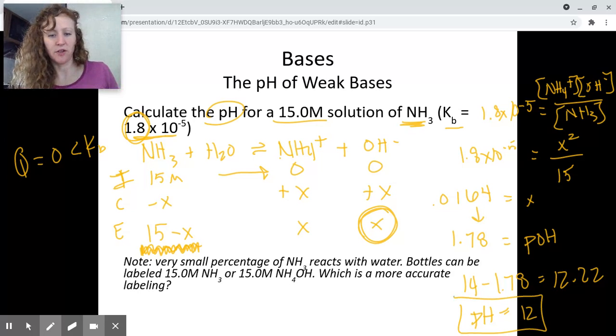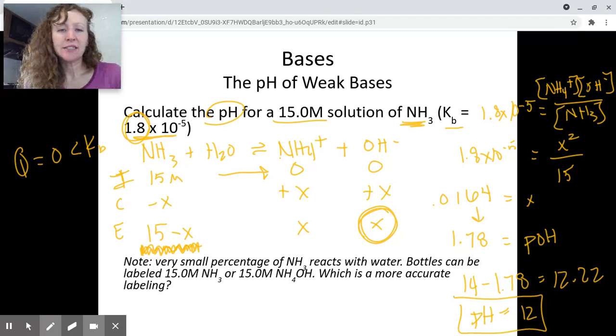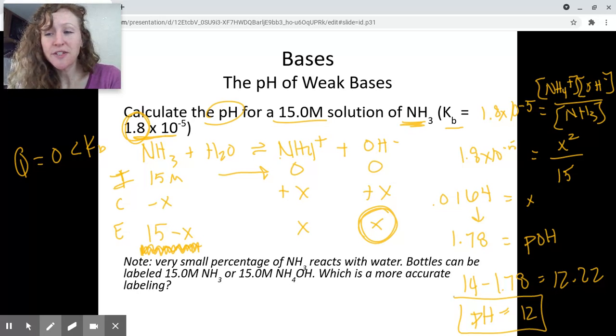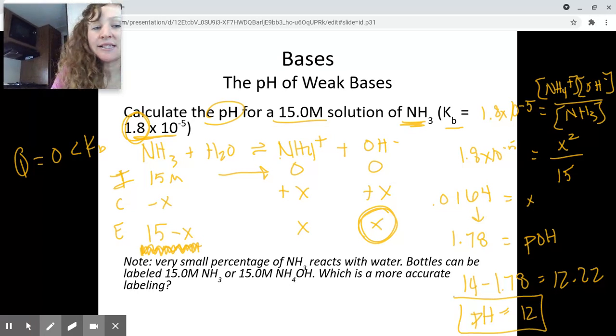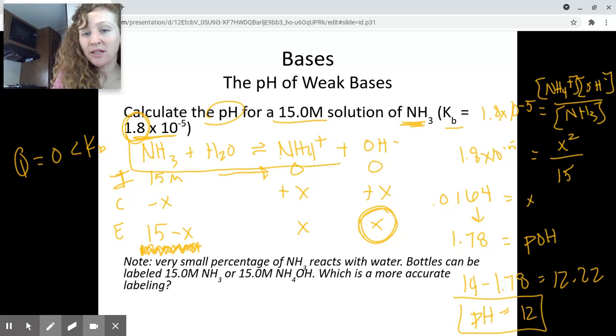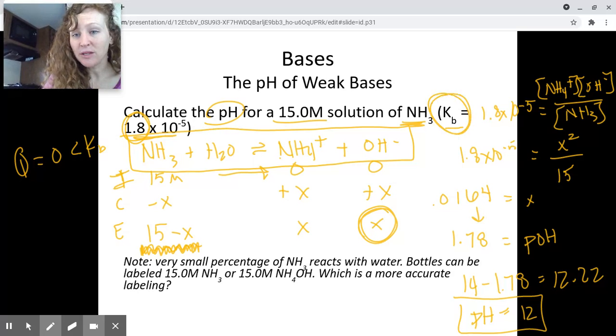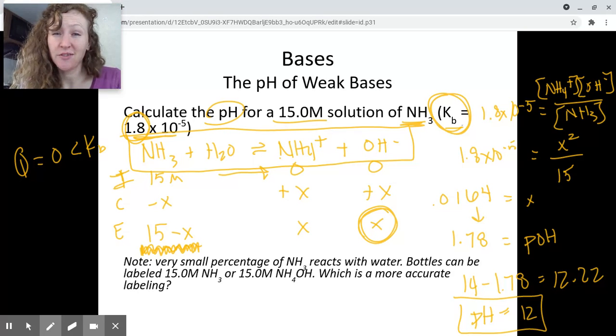Okay, so again, although bases are a slightly more complicated creature than weak acids, the process looks identical to finding the pH for a weak acid. I would say the toughest part of this is going to be writing your reaction out, since they just give you a Kb and they don't actually give you a reaction.